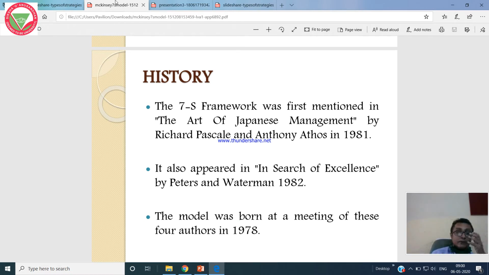Similarly, the 7S framework was also mentioned in The Art of Japanese Management as well as In Search of Excellence. These are two very famous books written by the four authors who invented this model: Richard Pascale, Anthony Athos, Peters, and Waterman.